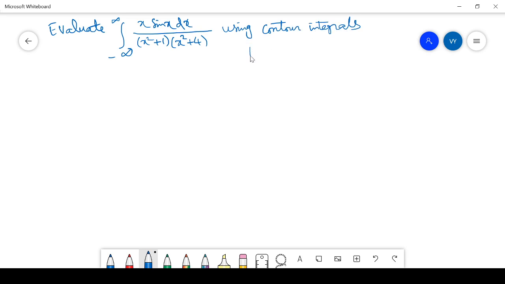Okay. So in this case, how do you integrate this?